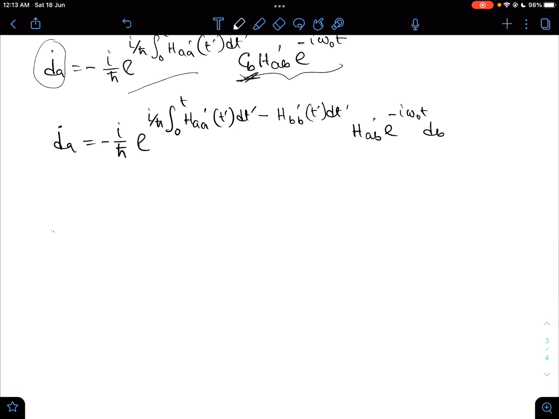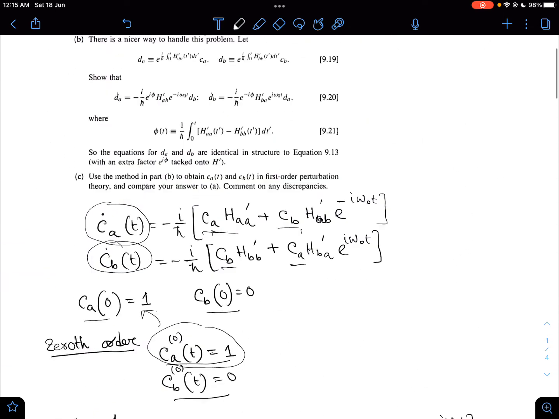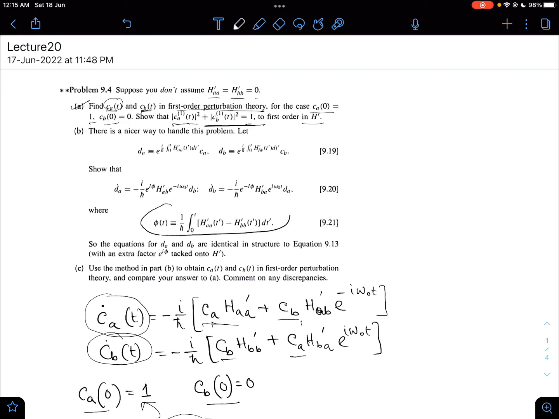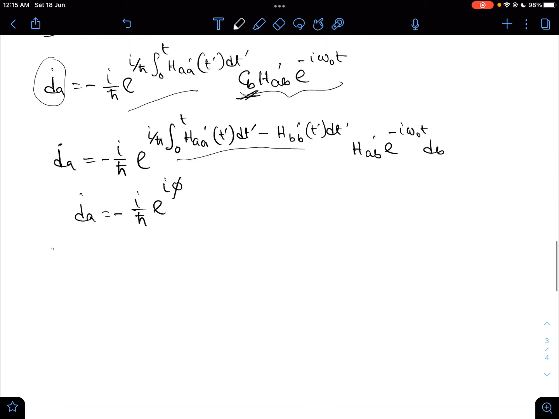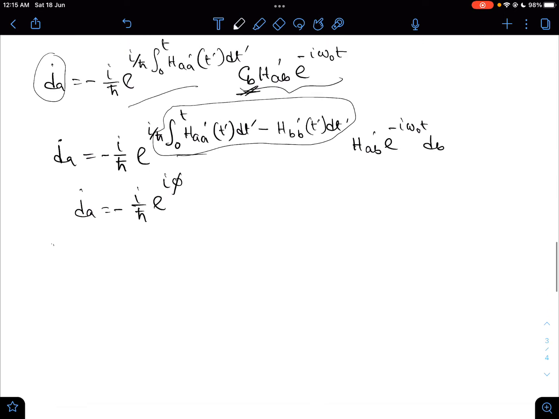So we have d_A dot to be minus i/ħ e^{iφ}, because in our given problem φ is defined as this, so we are replacing this whole term with φ. So we have minus i/ħ e^{iφ} H_ab' e^{-iω0t} d_B. So this is our d_A dot.